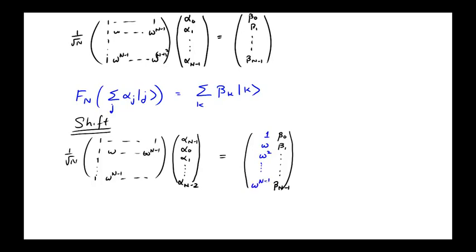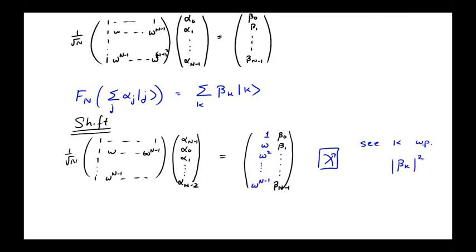Okay, now here's the important thing. The important thing is that each of these, it's not what the actual value is, it's the fact that these are all unit magnitude. So now, if we were to do a measurement at this point, what we'd see is k with probability beta sub k magnitude squared.